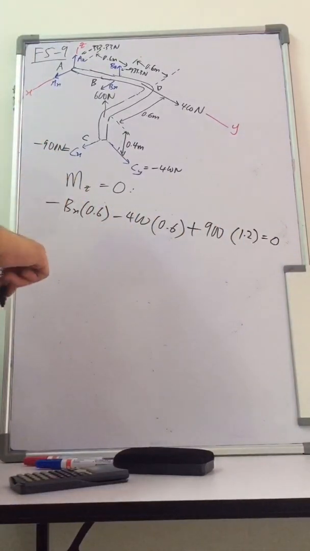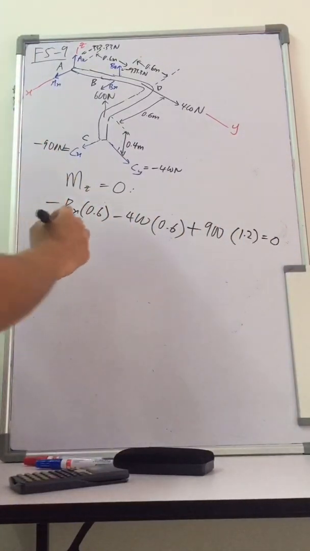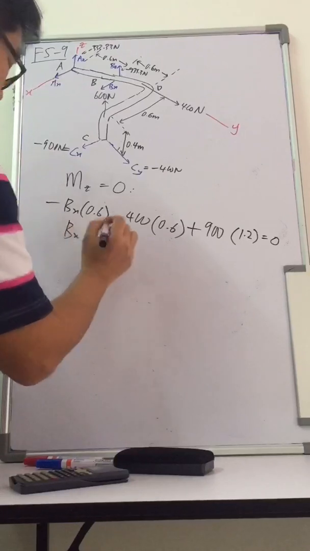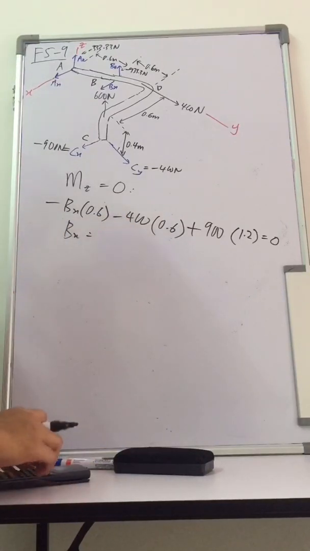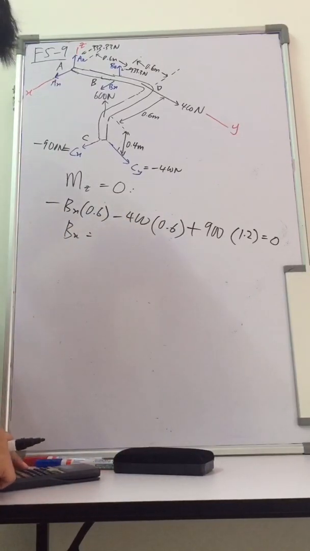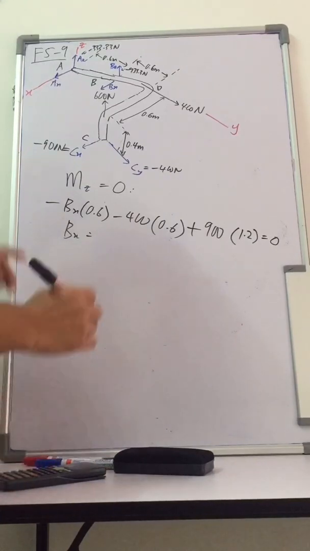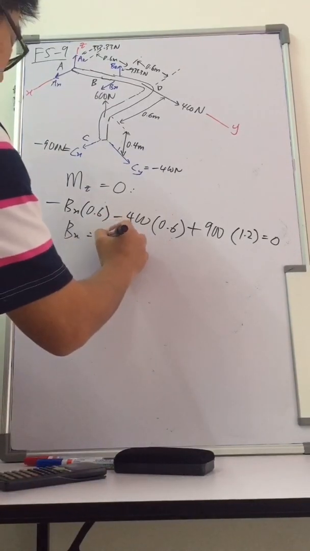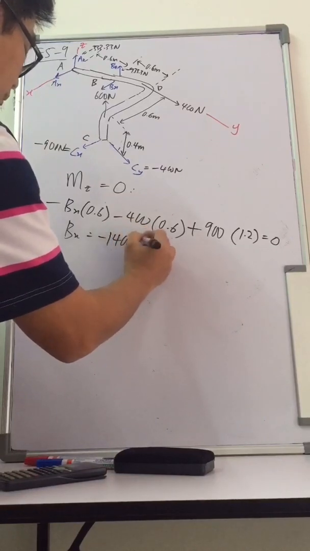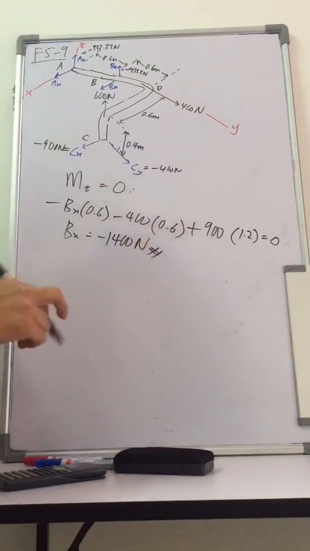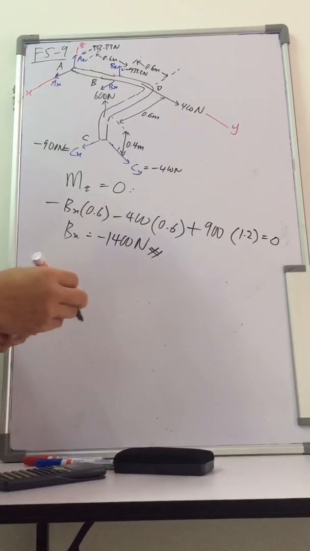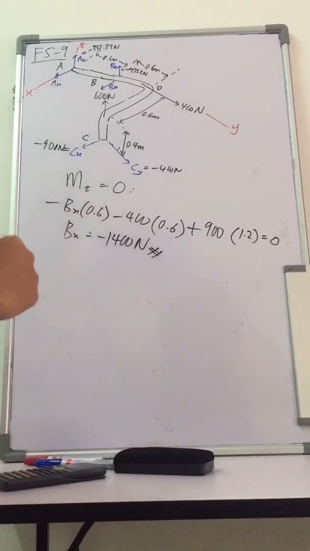Right? So in this equation, you just have one unknown, BX, you can solve for it. Okay, hit the calculator. You got 400 times 0.6 minus 900 times 1.2 divided by 0.6. So you got minus 1400 Newton. Alright, is it minus or no?